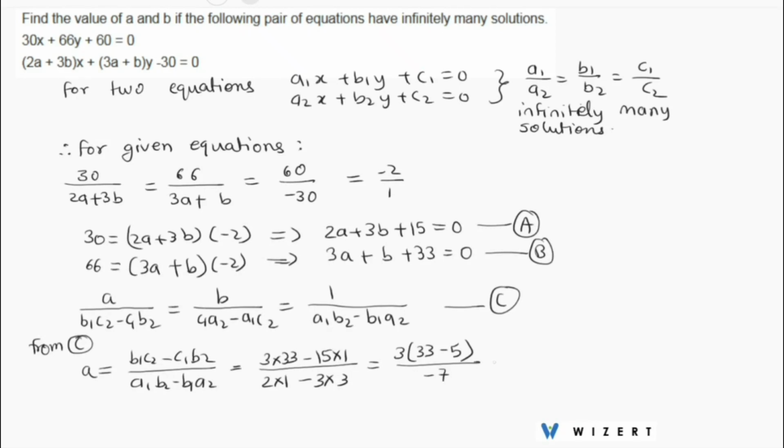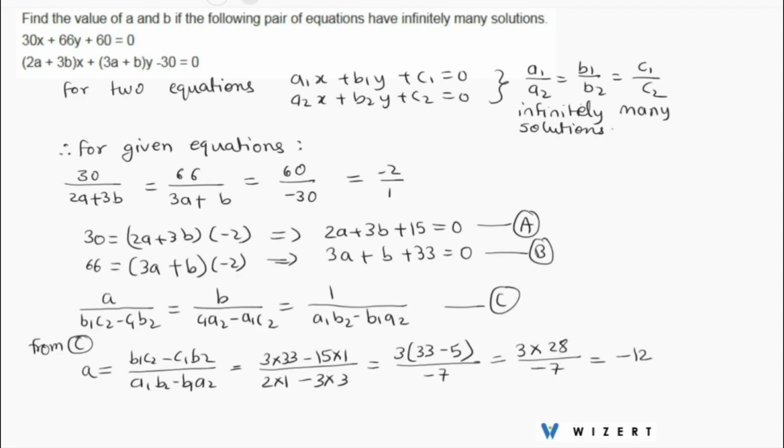So minus 7. We have 3 multiplied by 28 by minus 7, which is equal to minus 12. 7 ones are 7, 7 fours are 28. So minus 4 multiplied by 3 is minus 12. So this is the value of A.